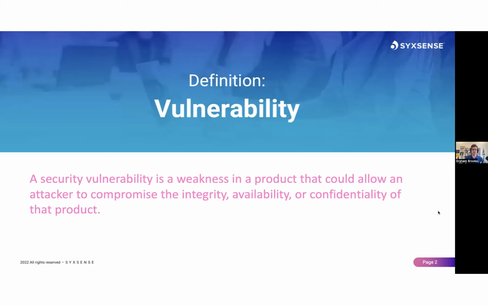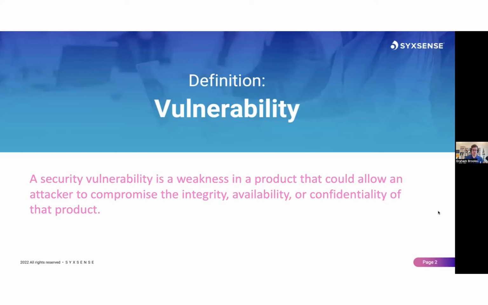Another important word here is weakness. This isn't something that is usually designed into the product, although those do exist. Vulnerabilities traditionally arise where a programmer or a systems analyst has built a tool that does its job, hopefully well, but they didn't account for something in the way they built it.